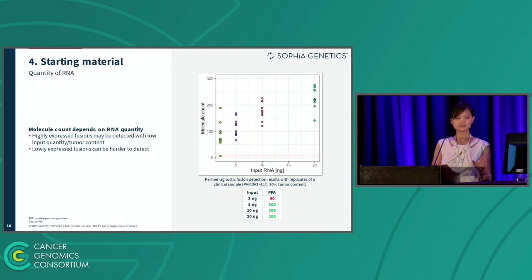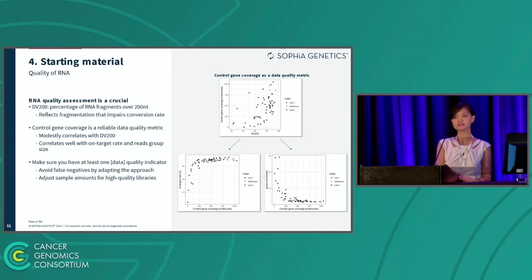So this needs to be taken into context. So we did work with a high quality FFPE sample. However, that's not often possible, and so RNA quantity needs to be taken into context with RNA quality. One challenge related to quality is finding a suitable measurement or an indicator of RNA quality.